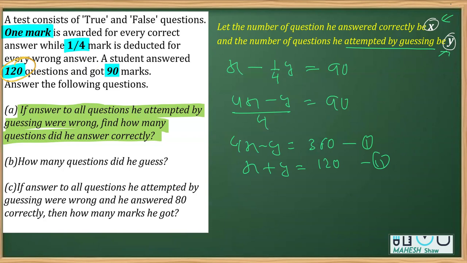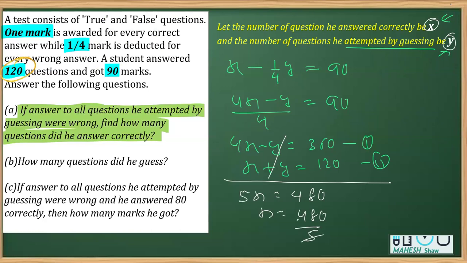Now, I'm solving these two linear equations by elimination. Adding these two equations, Y gets cancelled. So we have 5X is equal to 480, which implies X is equal to 480 divided by 5, and that comes out to be 96. So X is equal to 96.